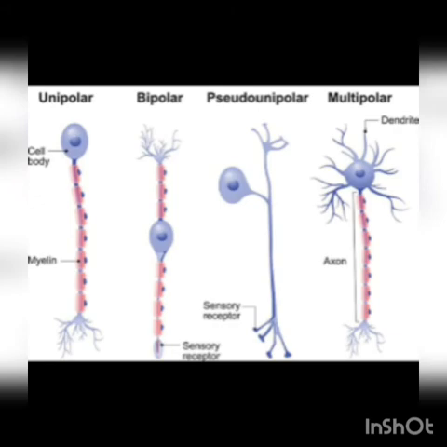And if you classify neurons on the basis of function, they are called receptor neurons or sensory neurons, effector neurons or motor neurons, and internuncial neurons.